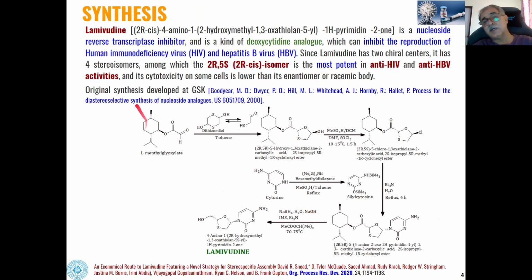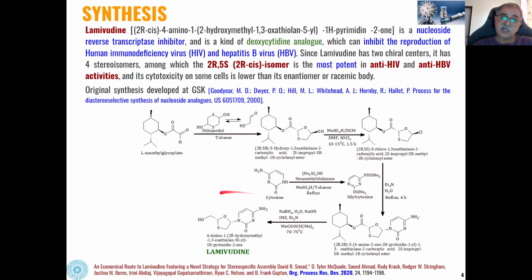Now, first is lamivudine. This is the IUPAC name of lamivudine, and it is basically a nucleoside reverse transcriptase inhibitor, a kind of deoxycytidine analog.